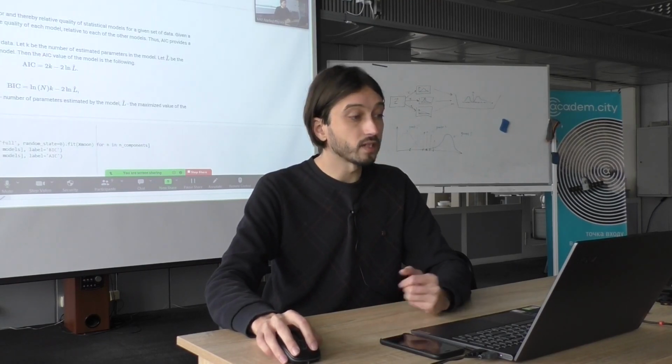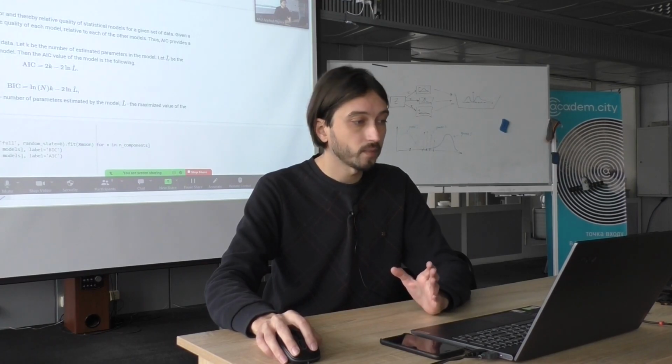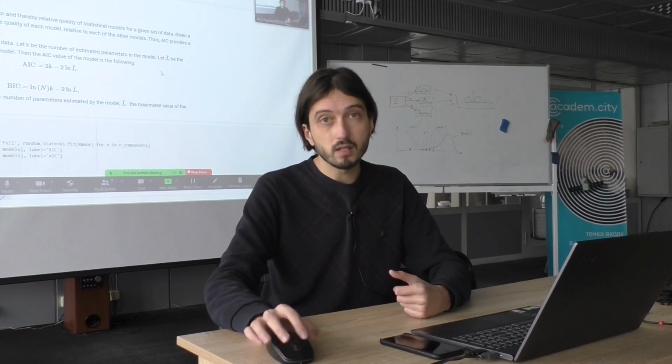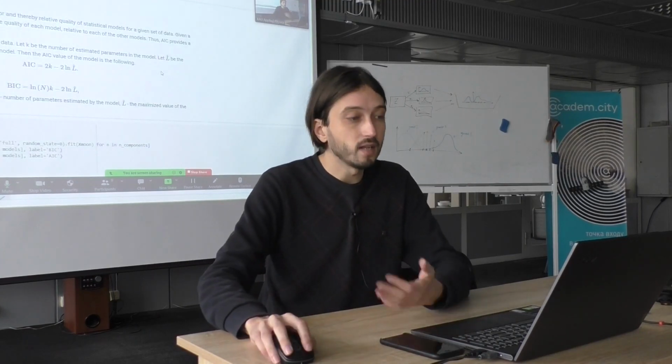And suppose you have a statistical model of some data. Let K be the number of estimated parameters in the model. In our case, we will have normal distributions. Each of them has some sort of mean value, has a sigma, so on and so forth. So there is a bunch of numbers that you will estimate, and you can basically calculate how many numbers you have.